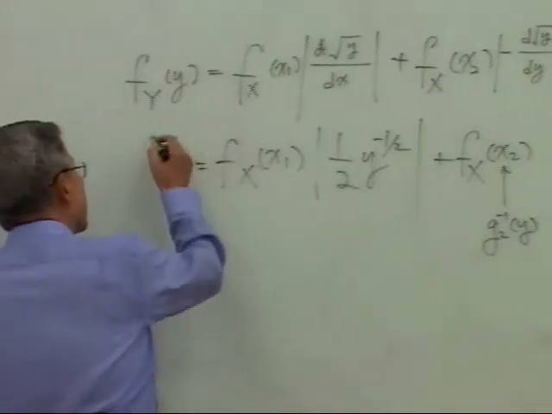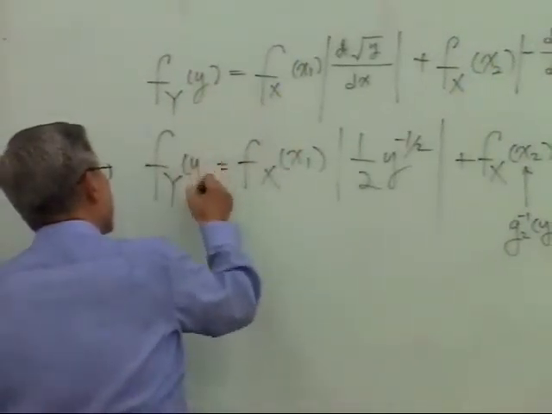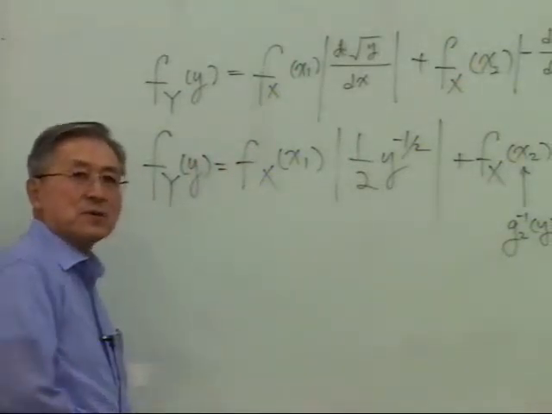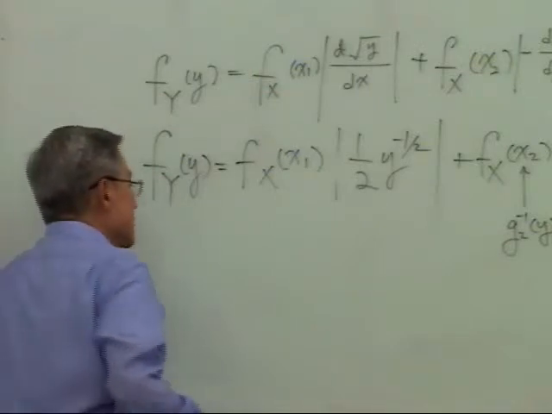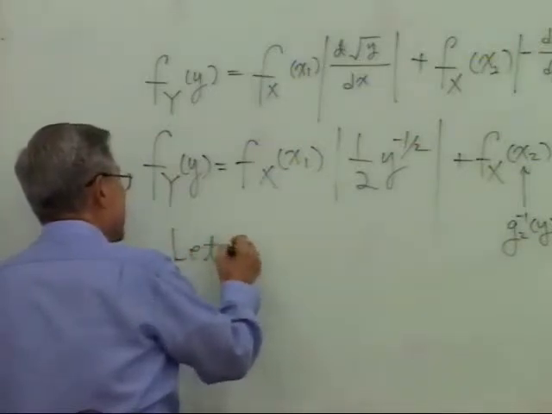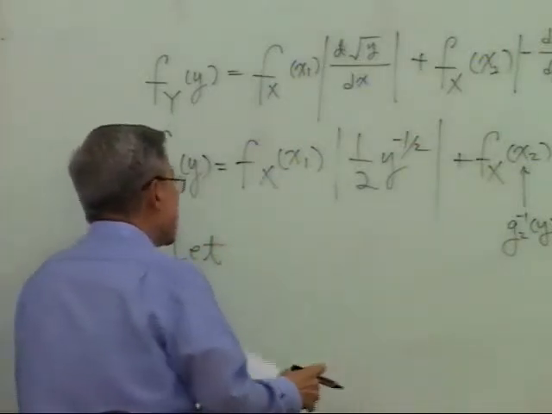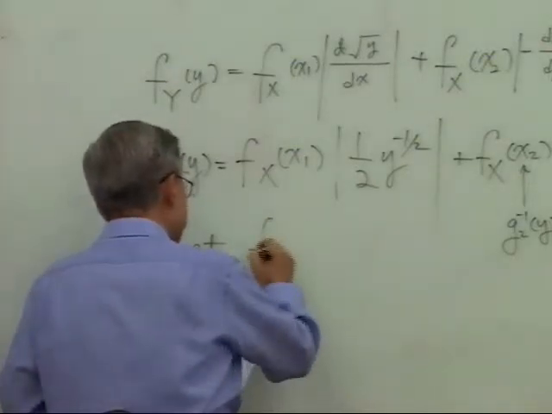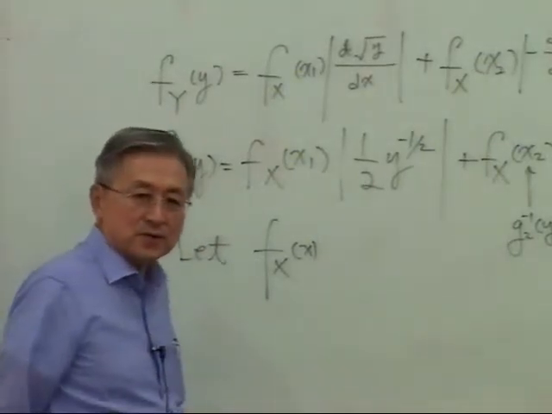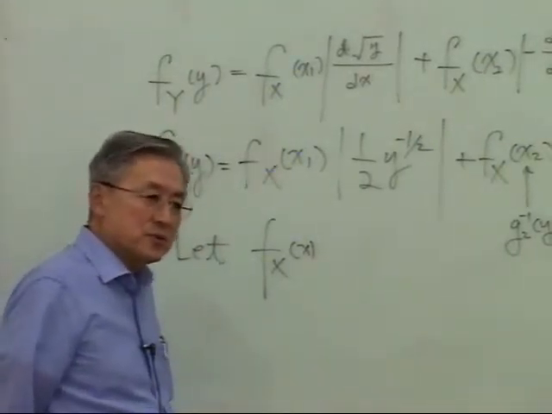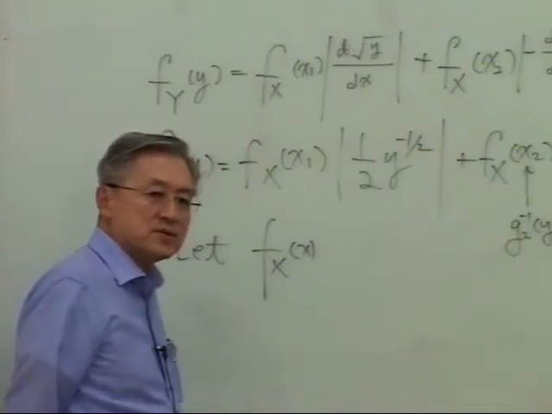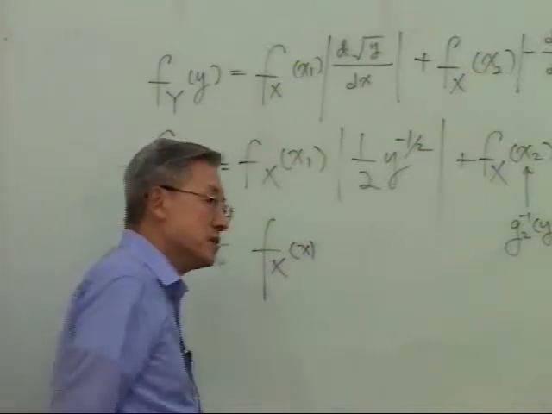But if I say, okay, well, this is f_Y, usually the Gaussian distribution is a very popular distribution. So I'm going to assume, let X be the standard normal distribution function, which has zero mean and standard deviation 1, right?